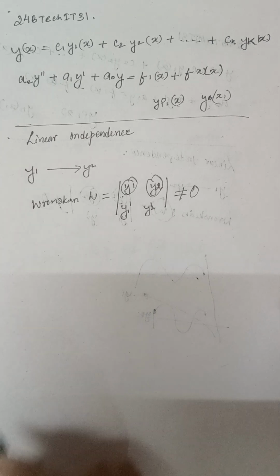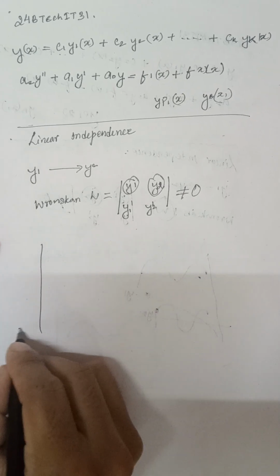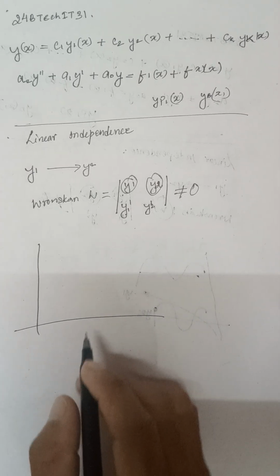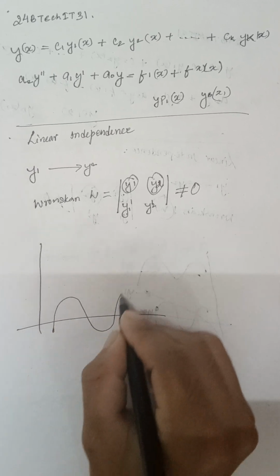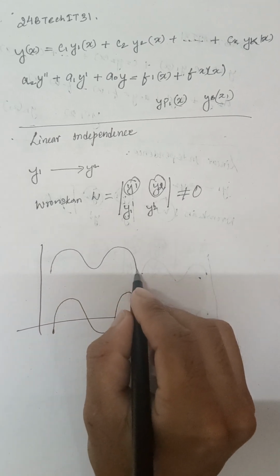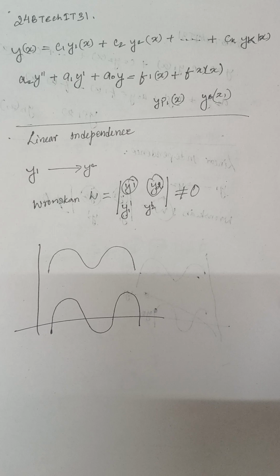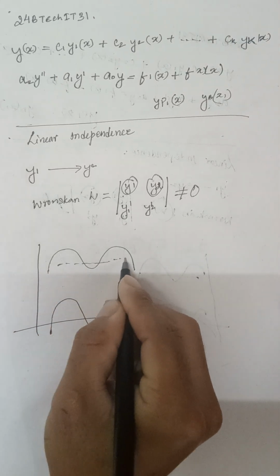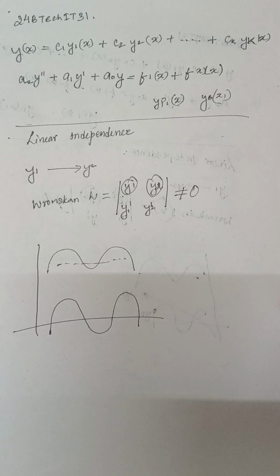In terms of a graph, let me give you an example. Say this is y1 and this one is y2. You can say that these two functions look very similar, and this makes them linearly dependent on each other.